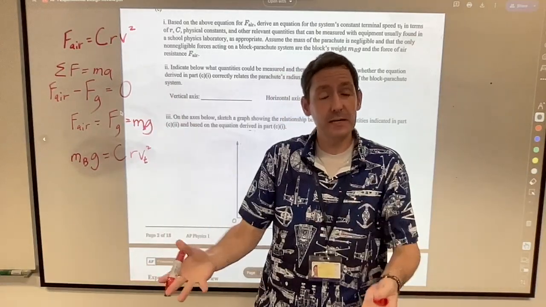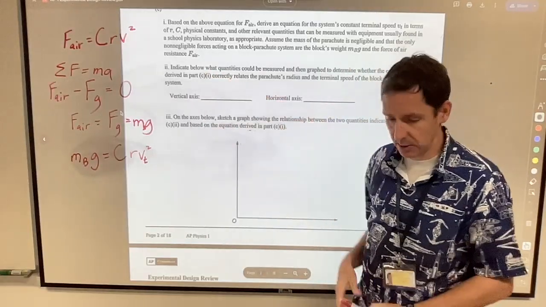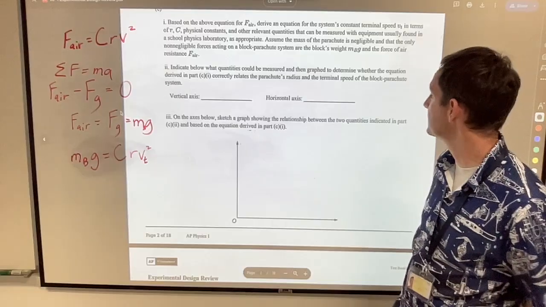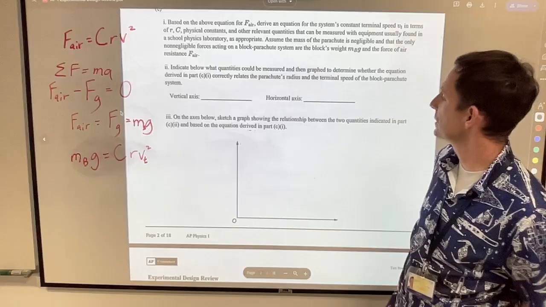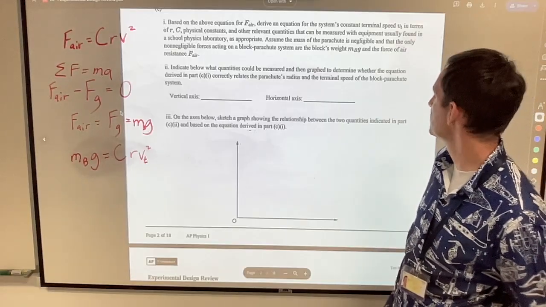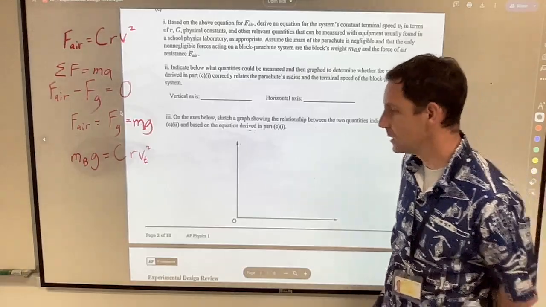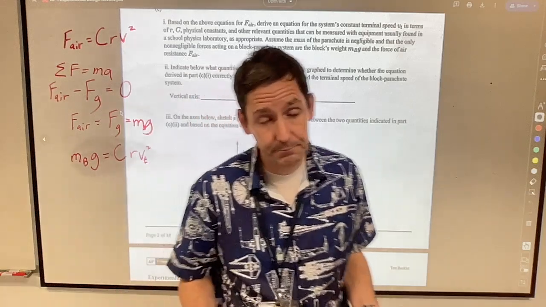Now, obviously, the point of this is we're trying to figure out what C is. And that's what the next piece is here. It says, indicate below what quantities could be measured and then graphed to determine whether the equation derived in part CI correctly relates the parachute's radius and the terminal speed of the block parachute system. All right, so what we want to do is create a graph.